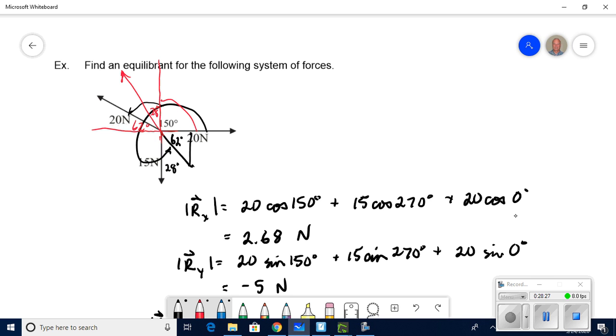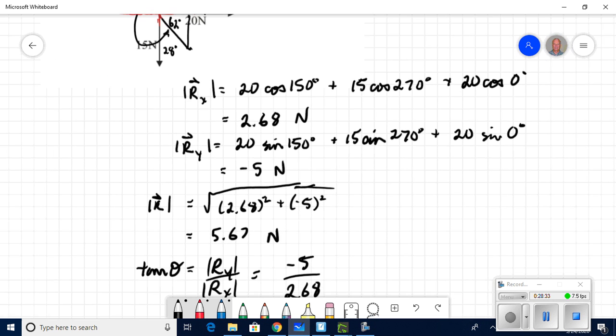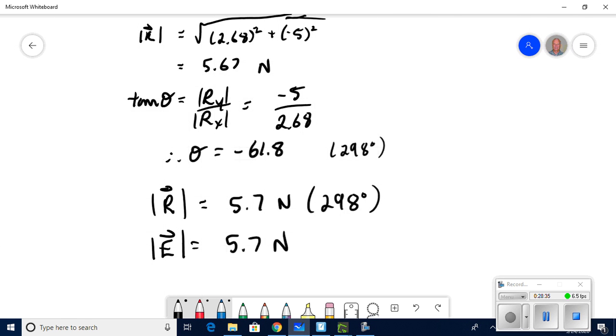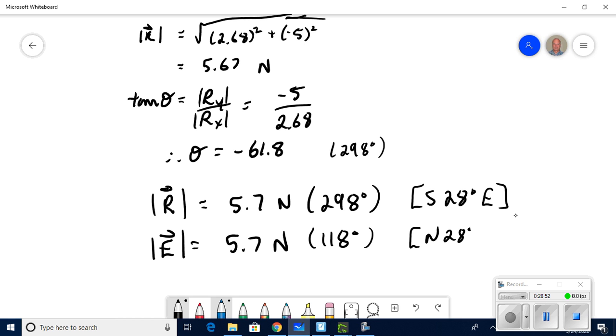So that would be 90 plus 28, or 90 plus 28 is 118. So that would be 118. Now if you like the bearing orientations, I've got down here in my notes, that would be south 28 degrees east, or north 28 degrees west, if you like.